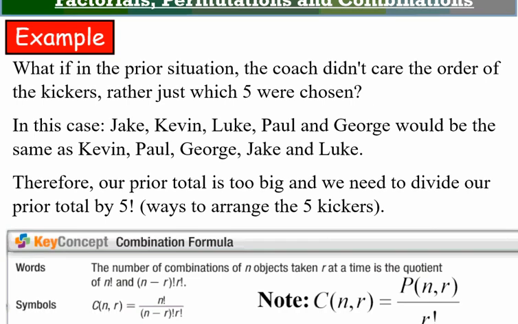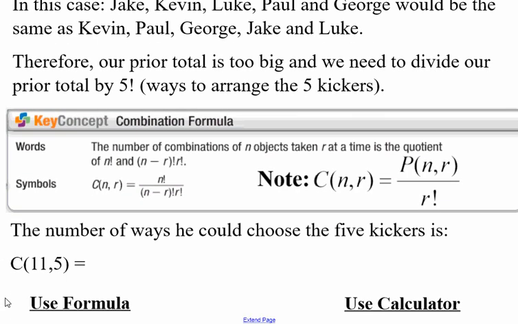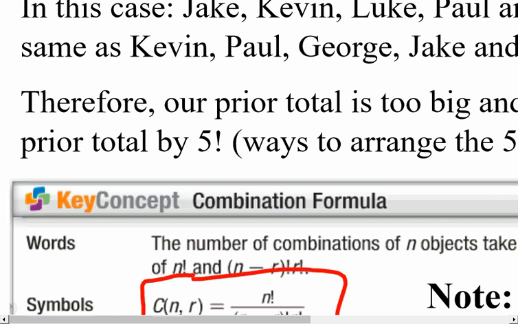So if I look at the definition in the book or where the equation comes from, it says this. It says the number of combinations of n objects taken r at a time is the quotient of n factorial and n minus r factorial times r factorial. That's kind of a mouthful. Let's just break it down to pieces. It looks like this, but we already have a portion of this from before. So I'm going to zoom in a little bit.